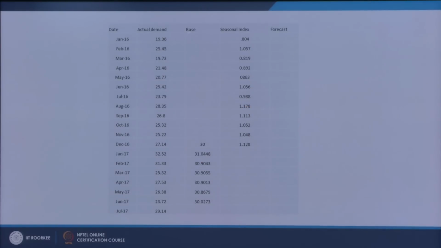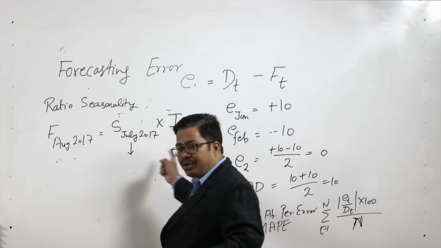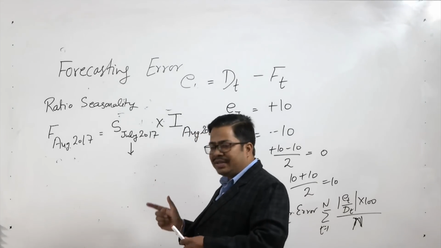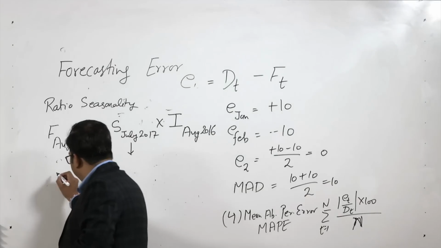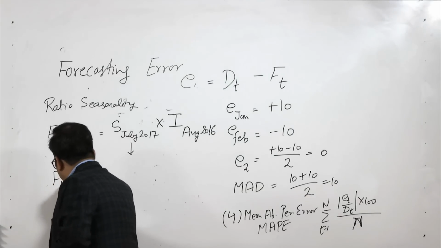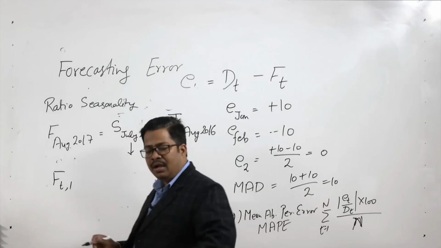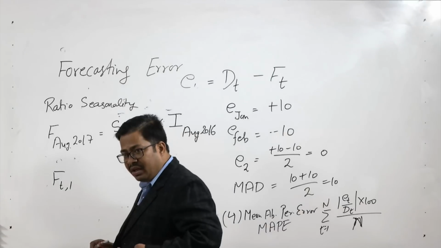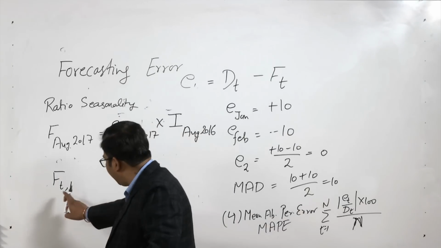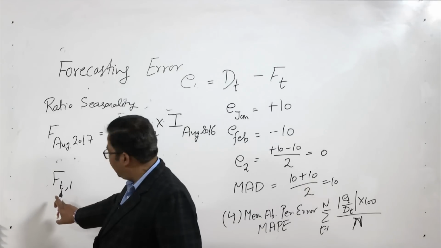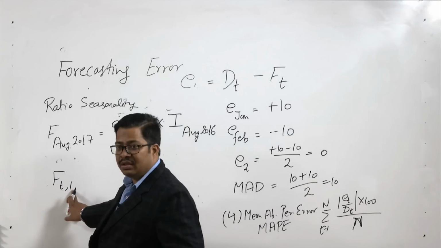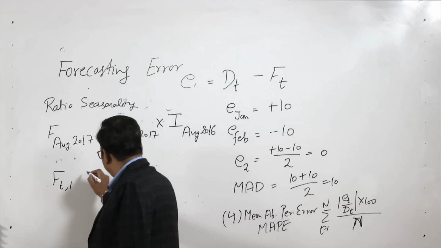So, if I want to write this equation in generic terms, the equation will become F T+1, the current period and one period ahead. So, if today I am in July 2017, F T+1 means it is August 2017.